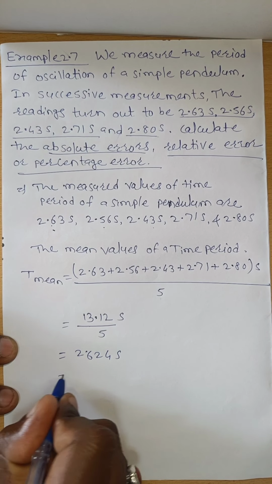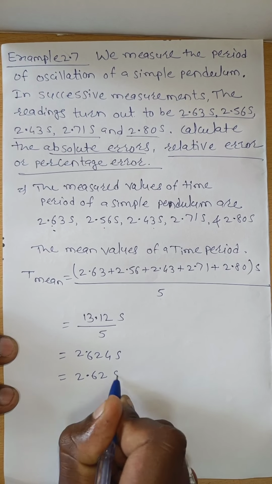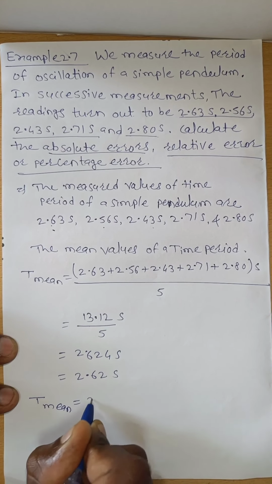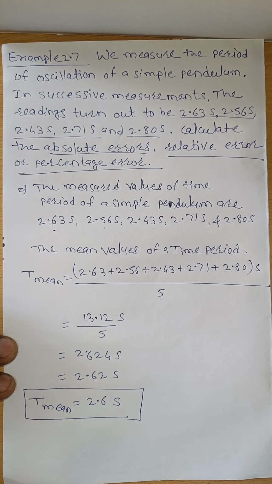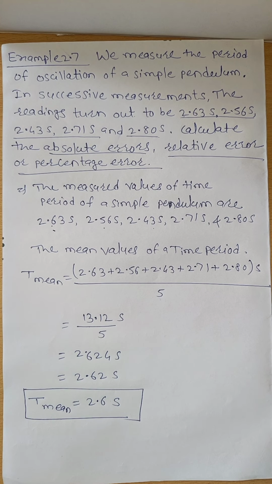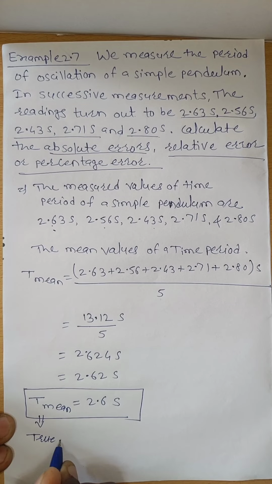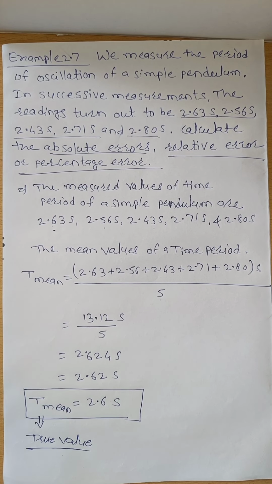Approximately we write this as 2.62 seconds, so T mean is equal to 2.62 seconds. Now this is the arithmetic mean of the time period of a simple pendulum. We treat this arithmetic mean as the true value.